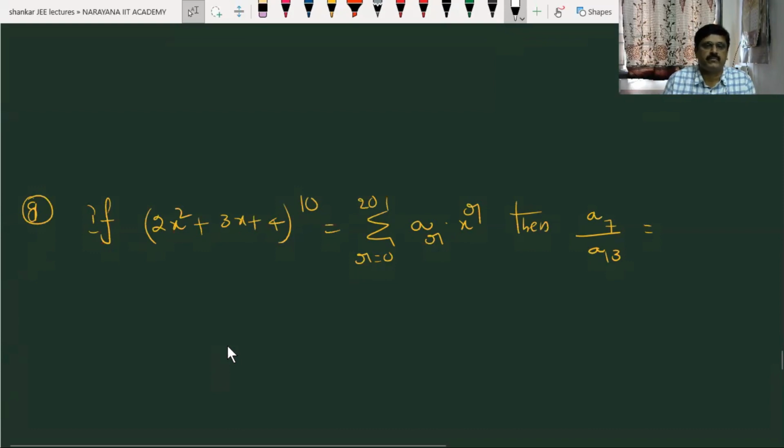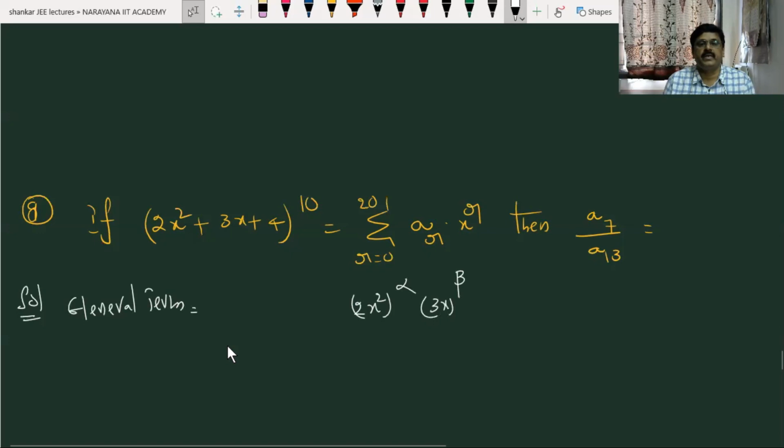First of all, the general term of this expansion is going to be, students, 2x square power some alpha I take, 3x power some beta I take, 4 power gamma, right? Its coefficient is going to be 10 factorial upon factorial alpha into factorial beta into gamma factorial.